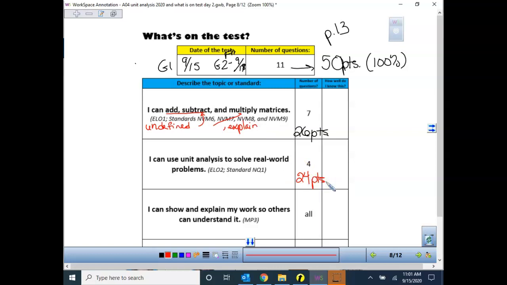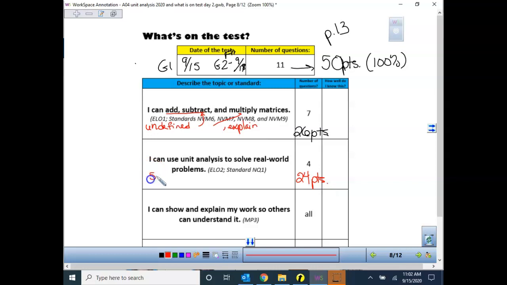This is when, like yesterday when I was walking around checking your work, I'd say, oh, I see you multiplied a bunch of numbers and divided, but you didn't have any labels with anything. So those 4 problems, some are 4 and 5 point problems, there's 1.